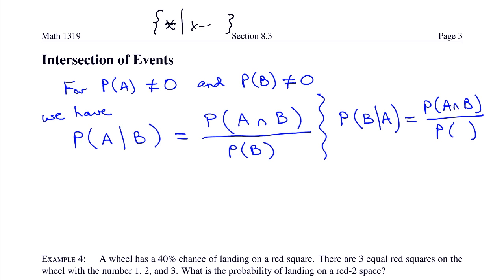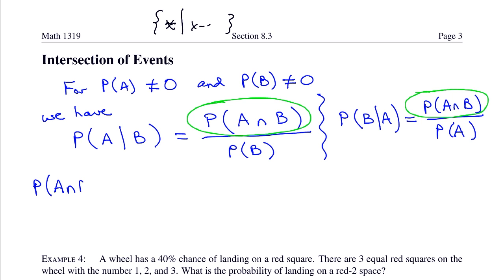What changes in the second equation? This is set A. But notice what both of these equations have. They both have the probability of the intersection. This gives us two different formulas to find the probability of intersection.